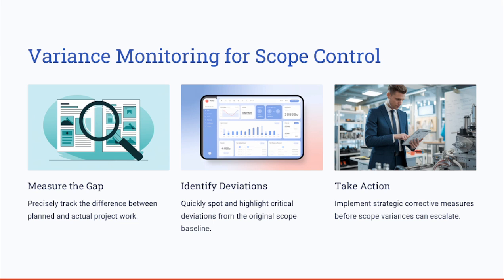So again, variance monitoring helps you measure the gap between the plan versus actual work. It helps you as a project manager identify the deviation from the scope baseline, when we talked about the project scope statement, WBS. So this is our scope baseline. And it helps you ensure that you take a corrective action before any variances escalate in the future.